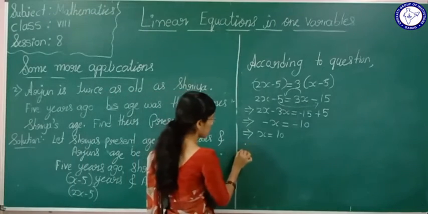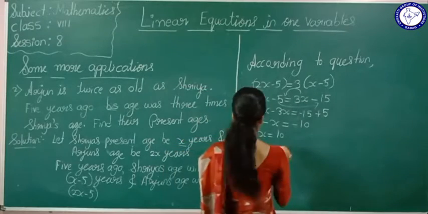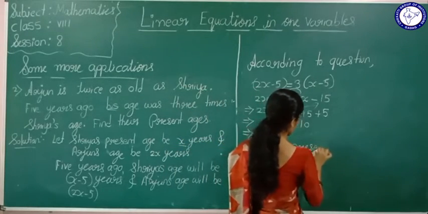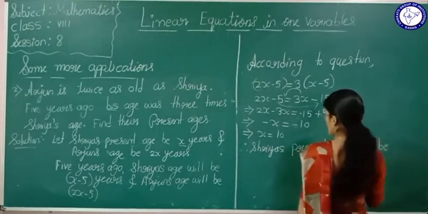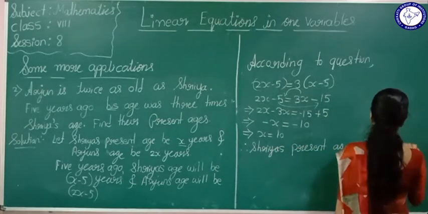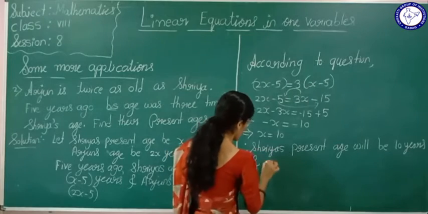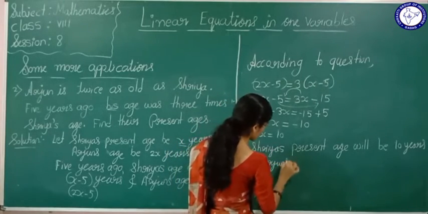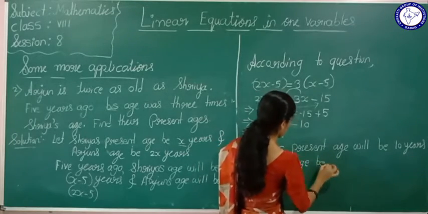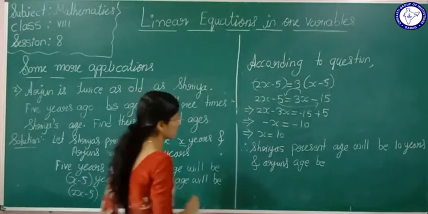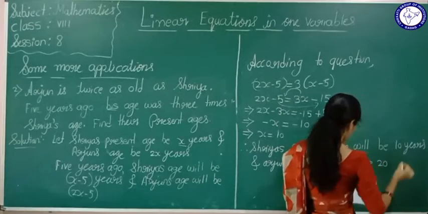Therefore Shreya's present age will be 10 years, and Arjun's age, which we took as 2x years, is 2 multiplied by 10, that is 20 years.